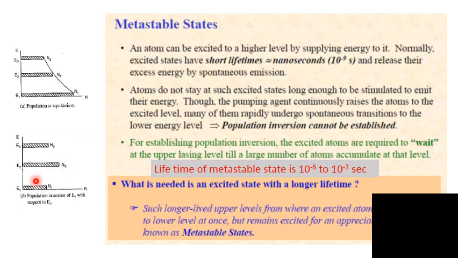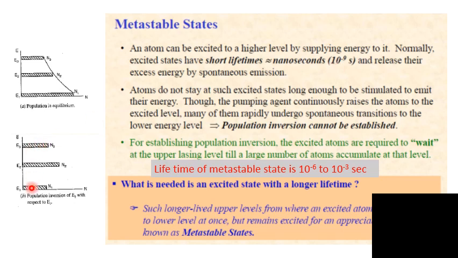Okay, what happens? We have the ground state over here. By pumping, we transfer our electrons directly from the E1 to the E3 level. This E3 level has a shorter life, around 10 to the power minus 9 seconds.